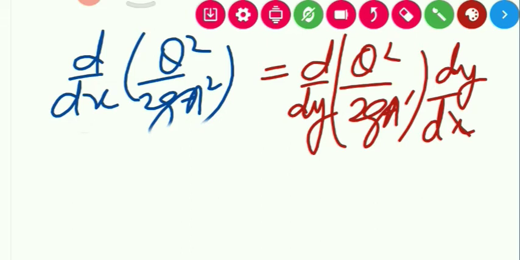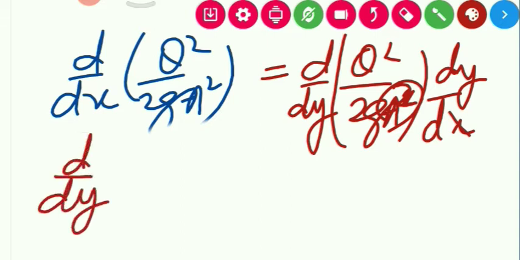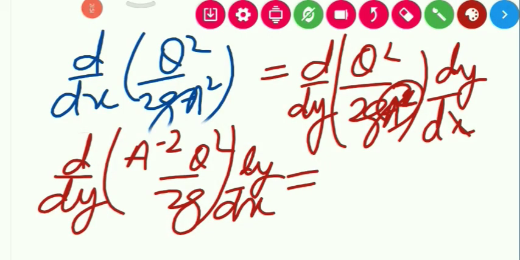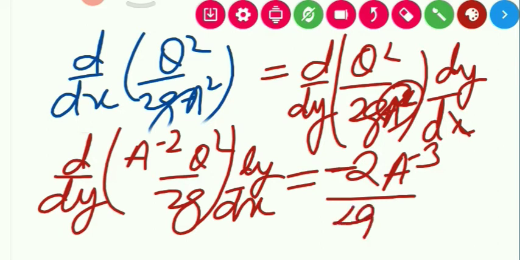Okay, then now this A square term can be written as d by dy of A raised to power minus 2 q square by 2g into dy by dx. This comes out to be minus 2 A raised to power minus 3 upon 2g q square into dy by dx into dA by dy.